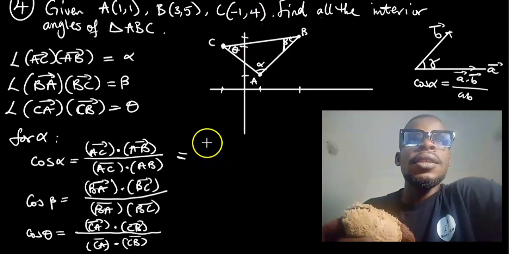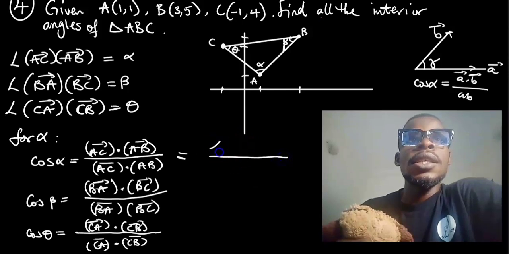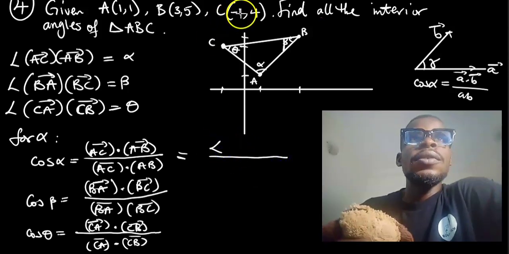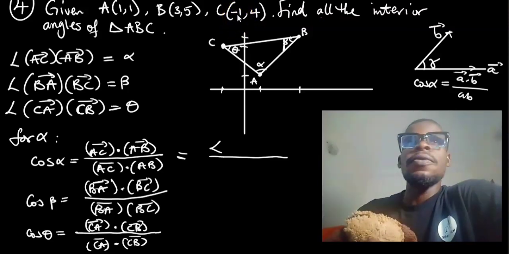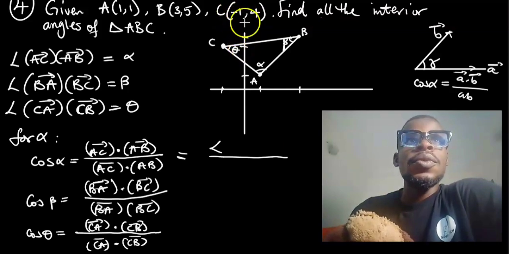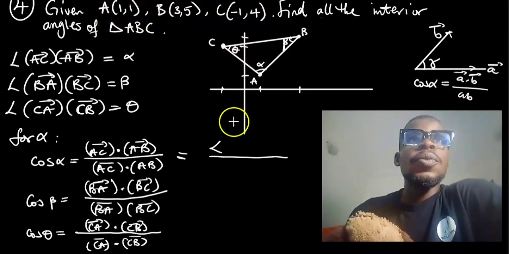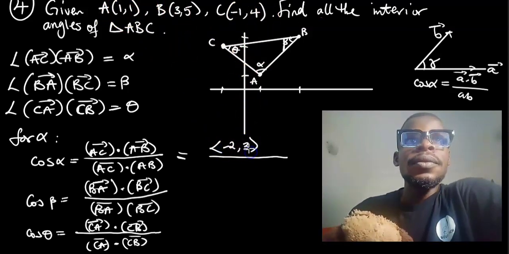Recall the video where we dealt with how to find a vector using its endpoints. So it would be -1 minus 1, which gives us -2, and 4 minus 1, which gives us 3. So that is the vector from A to C.